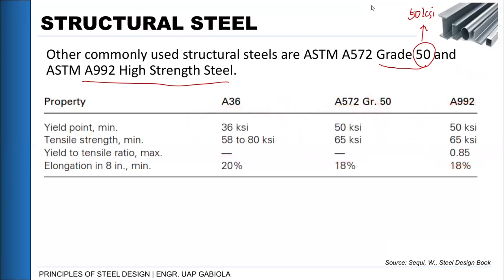Okay, so that when we have a problem, let's say it's stated in the problem that the steel beam is using an A572 grade 50 steel, it is understandable that the yield stress that we will be using will be 50 KSI, and then the ultimate stress that we will be using is 65 KSI. So without even indicating the values of Fy and Fu, we should know it already automatically.